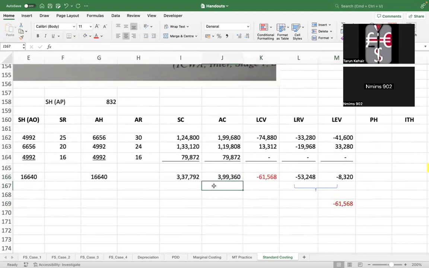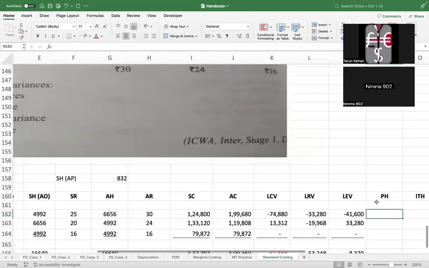Again, we have split up the cost variance into rate variance and efficiency variance. Now, the problem here is that the efficiency variance is based on actual hours. तो हमें actual hours को भी productive hours और idle time hours में बांटना पड़ेगा. What is productive hours? What is idle time hours?